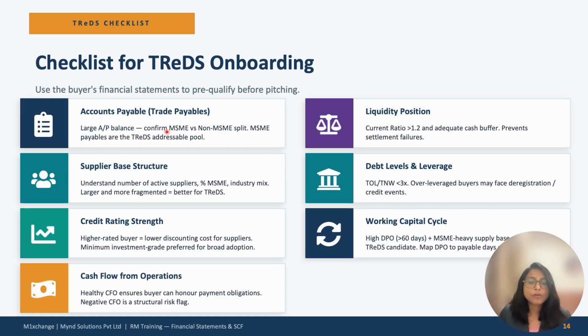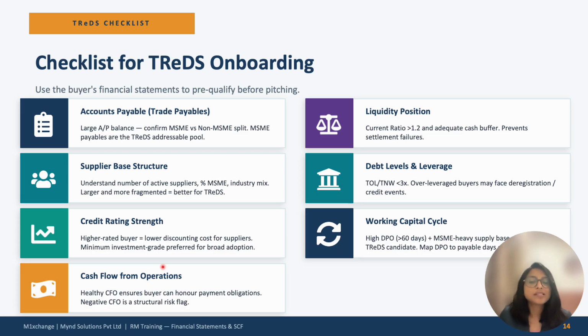Okay, next is your credit rating strength. If you have a higher rated buyer, the banks check these external credit ratings, like your company can be triple A, double A, or triple B plus.